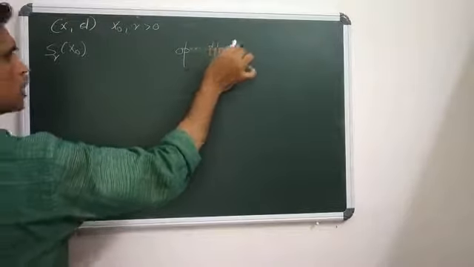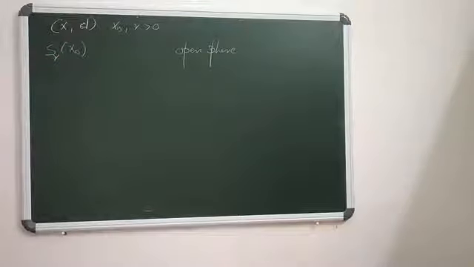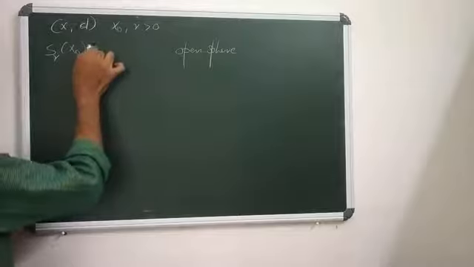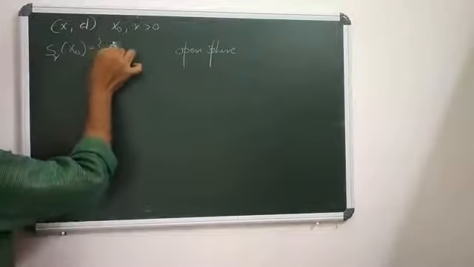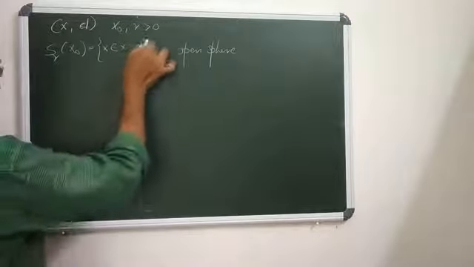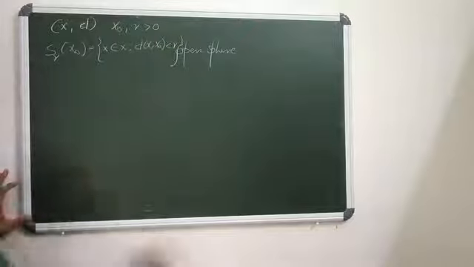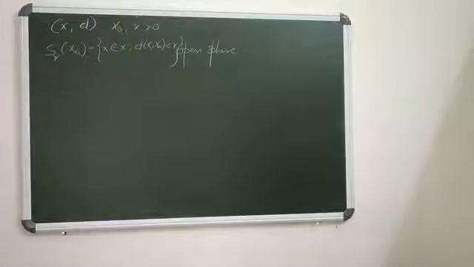The open sphere having center x0 and radius r is denoted by S_r(x0) and is defined as S_r(x0) equals the set of all x in X with d(x, x0) strictly less than r.